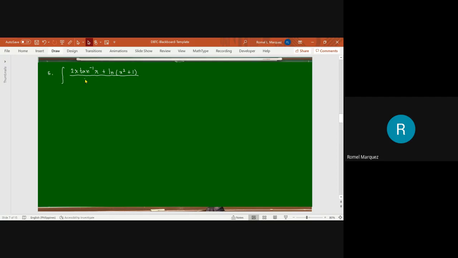The -1 in the tangent does not mean exponent, ha? It means arctangent. Then dx. Okay? Look at the problem, guys. Try to analyze it.